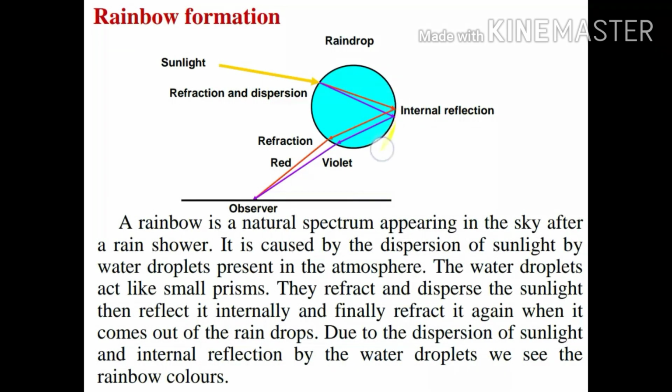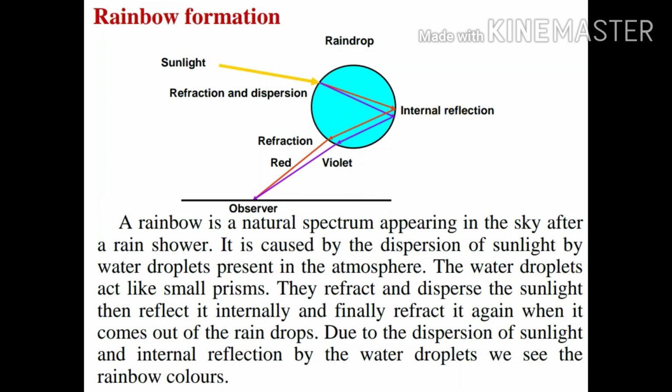It falls on the surface. So some sunlight can pass through it as it is, but some sunlight falls on this surface, as here is air, here is water, and again here is air.